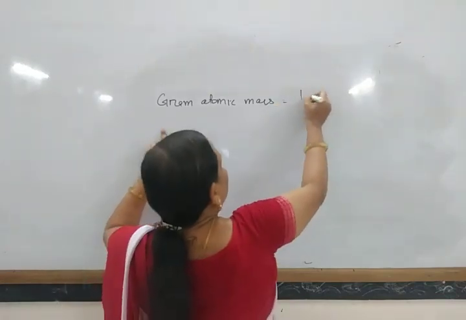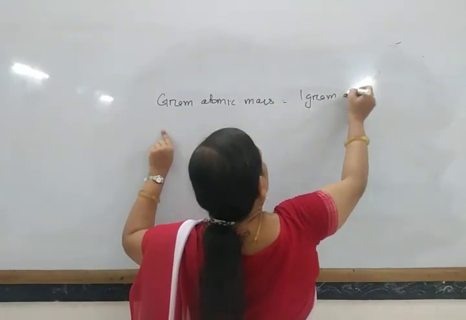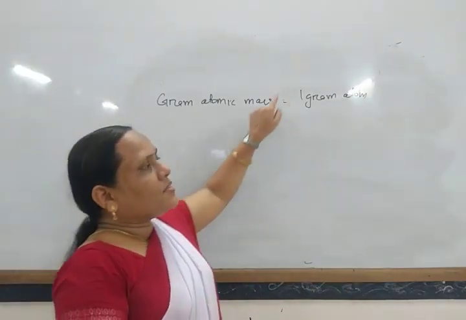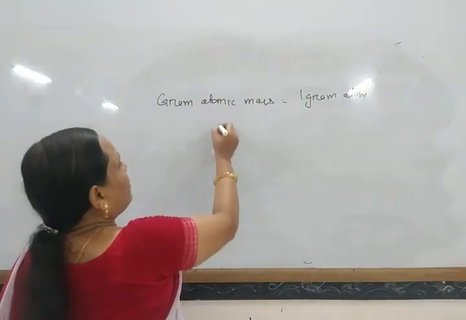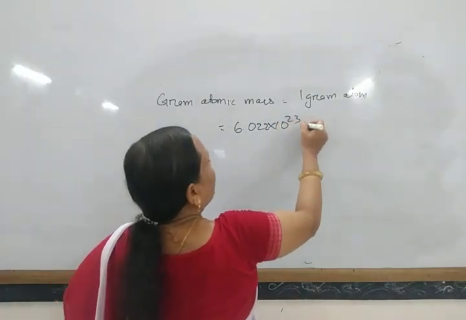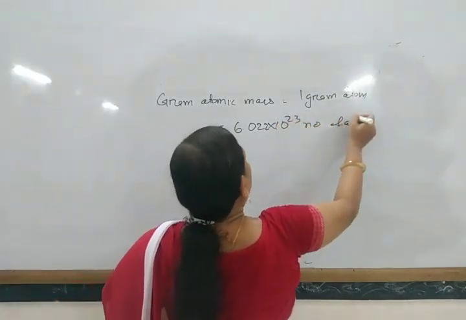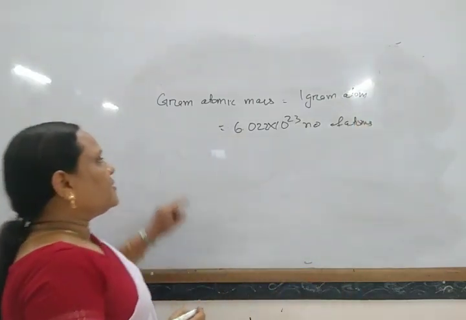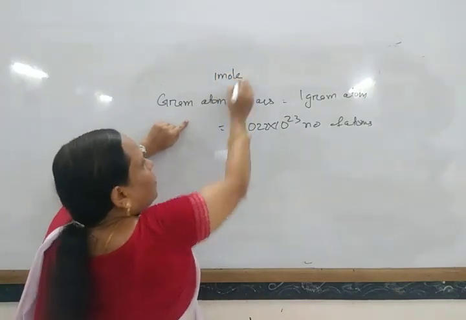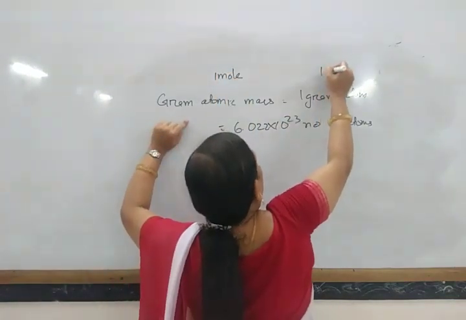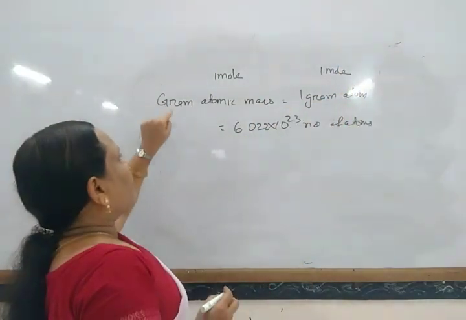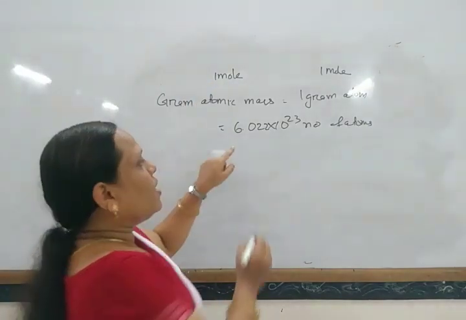This gram atomic mass is also called 1 gram atom, and it contains 6.022 × 10^23 atoms. That means gram atomic mass is also equal to 1 mole. 1 gram atom means 1 mole.